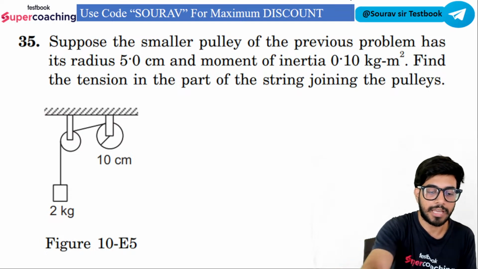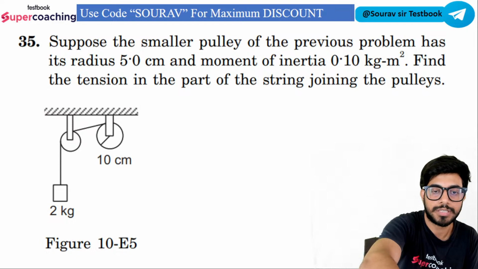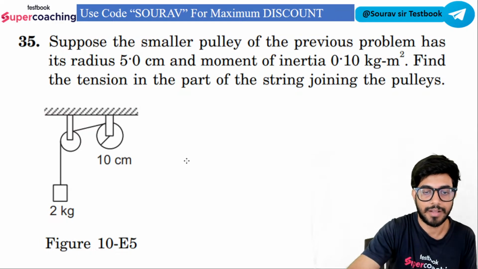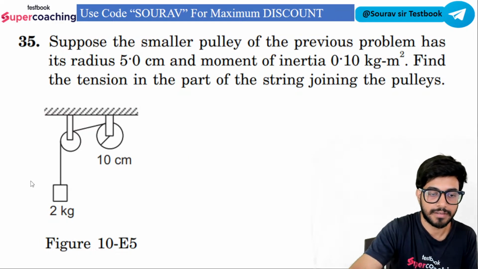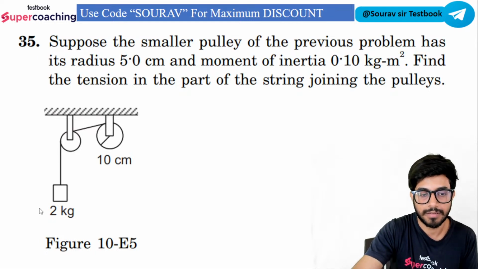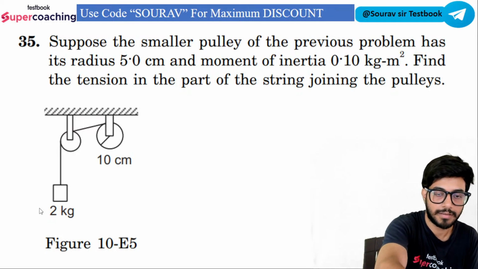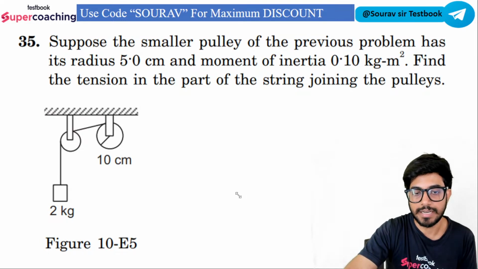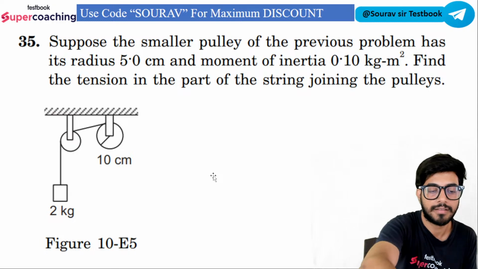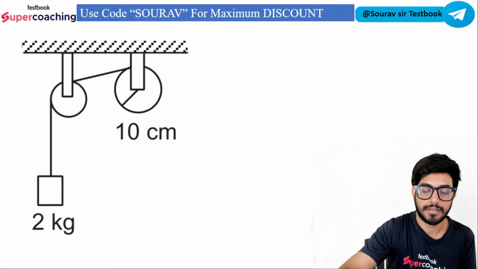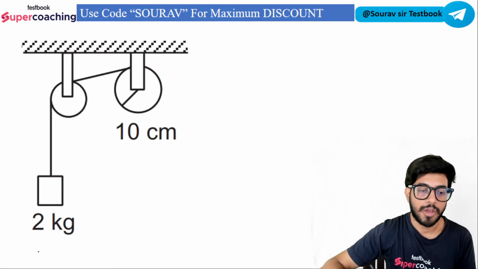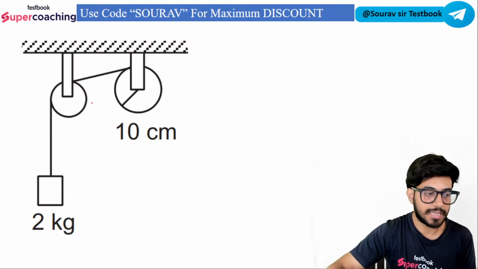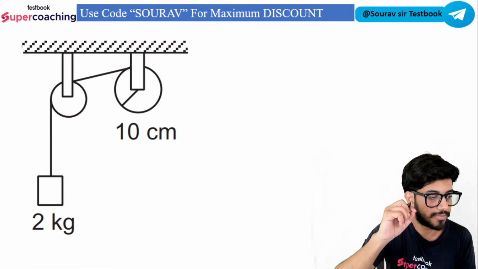I don't have any issue understanding how the things are happening here. Just have a look. Now this has a mass, right? So of course the tensions will be different.